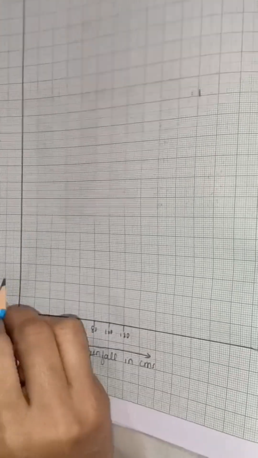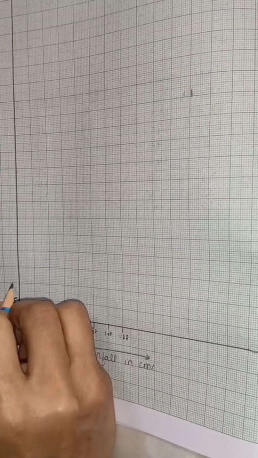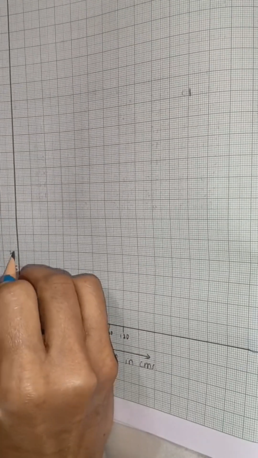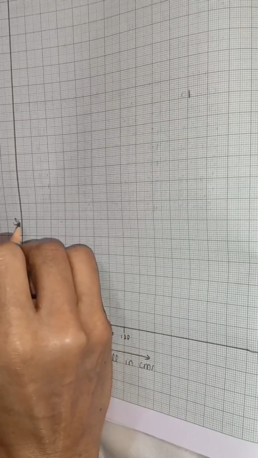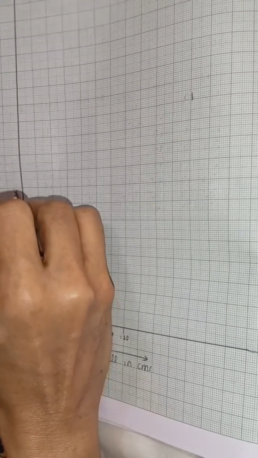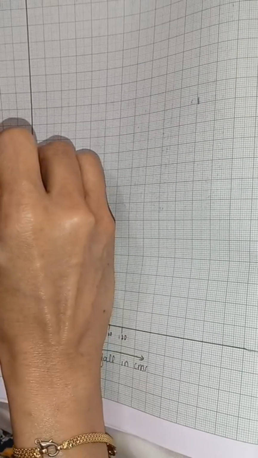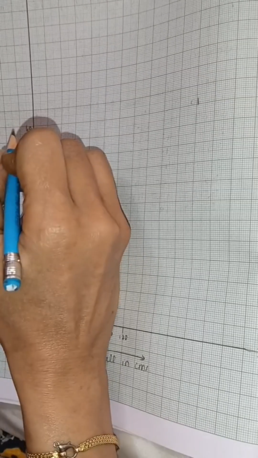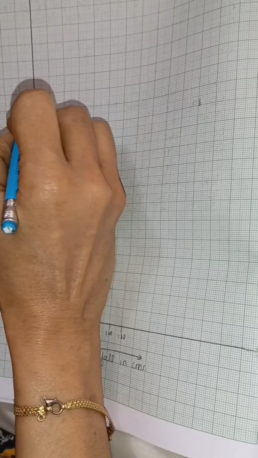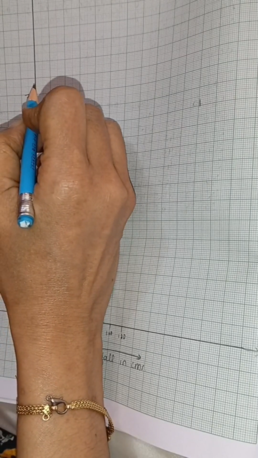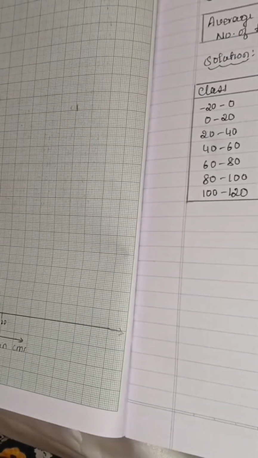Here on the y-axis, 5 towns: see, we have 5, 10, 15, 20, 25, 30, 35, 40, 45, 50, 55, this is 60, 65, 70.